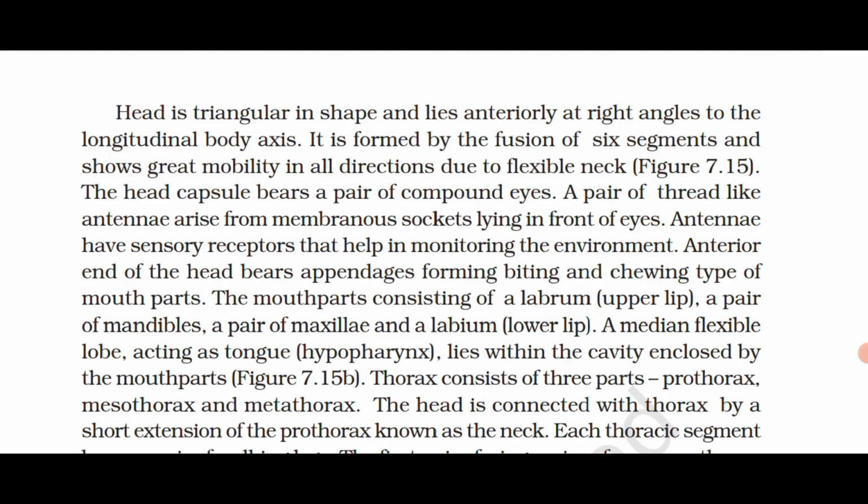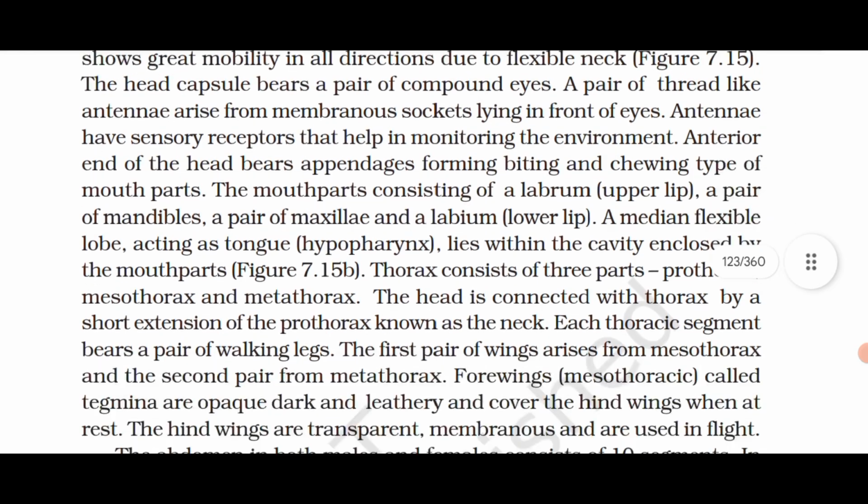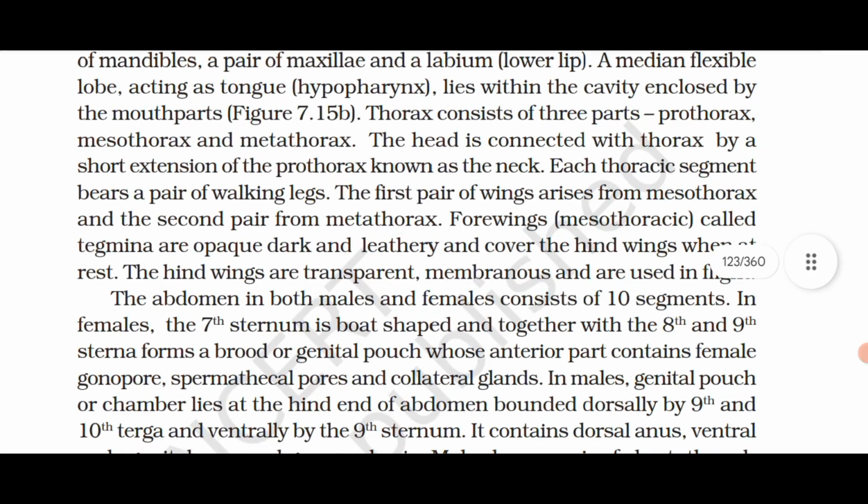Thorax consists of three parts: prothorax, mesothorax, and metathorax. The head is connected with the thorax by a short extension of the prothorax known as the neck. Each thoracic segment bears a pair of walking legs.